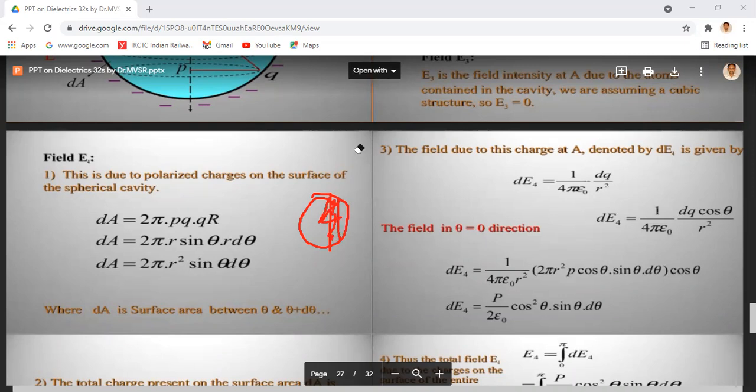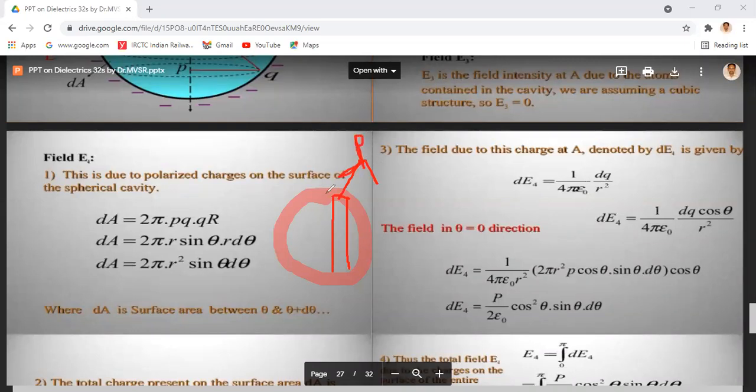For this one, I will draw here again. Consider this is a small strip of area dA. On this one, the polarizing vector P bar is acting in this direction.